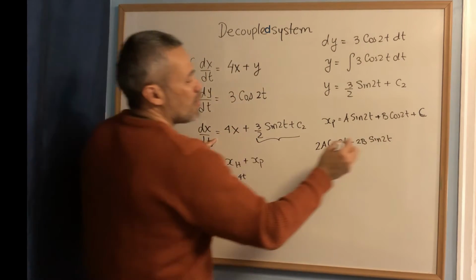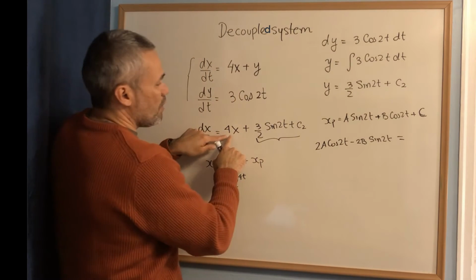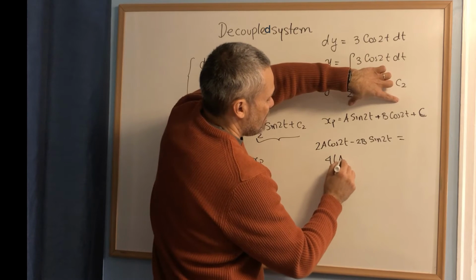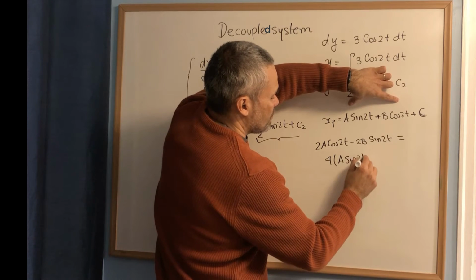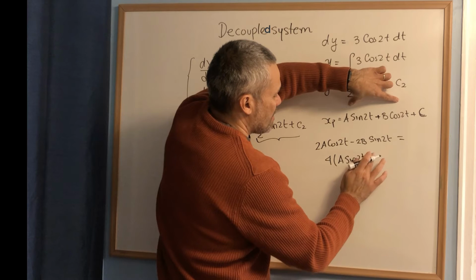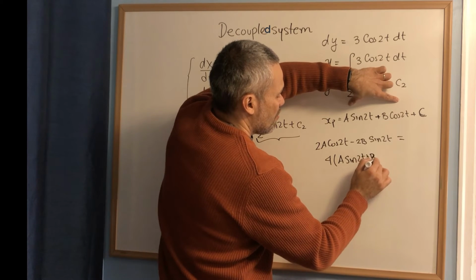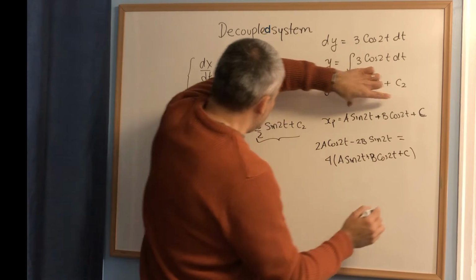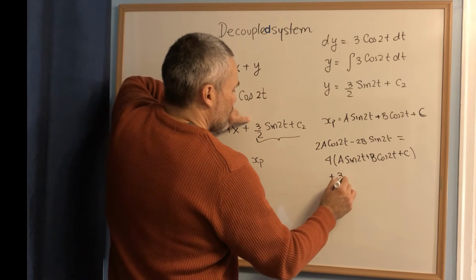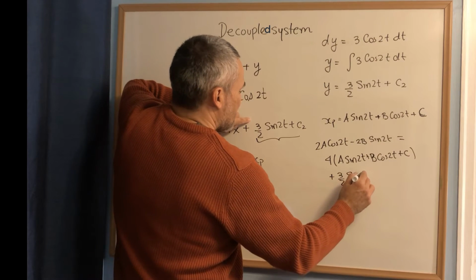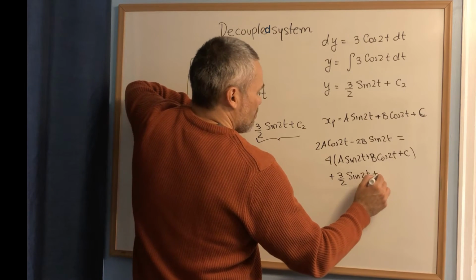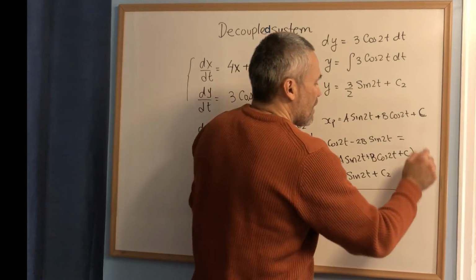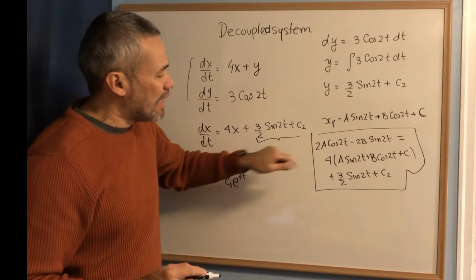We want the derivative to be equal to 4 times the function, but this is the function, a sine of 2t plus b cosine of 2t plus capital C, plus 3/2 sine of 2t plus c2. We have this equation. Remember, we are looking for capital A, capital B, and capital C.